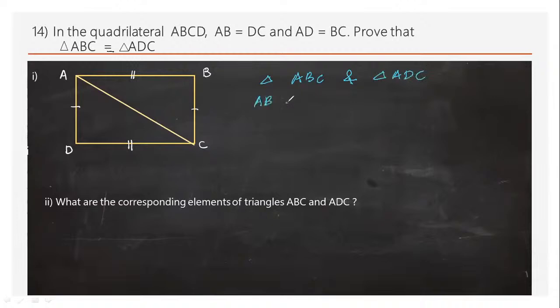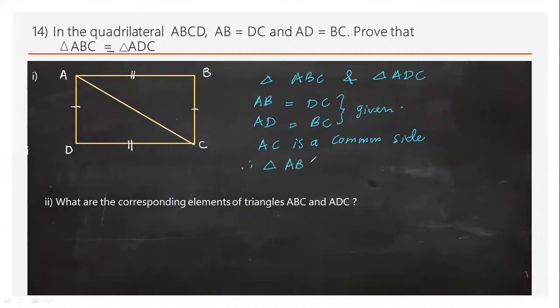AB equals DC and AD equals BC, and AC is a common side. These are the given information, so that we can say triangle ABC is congruent to triangle ADC. Situation: side, side, side case.